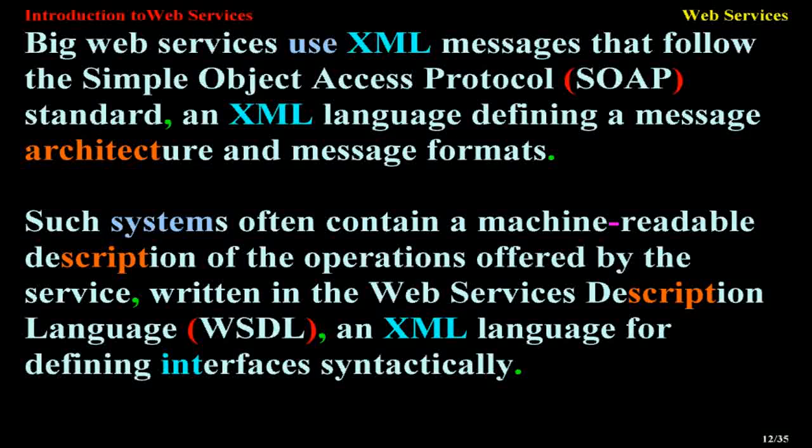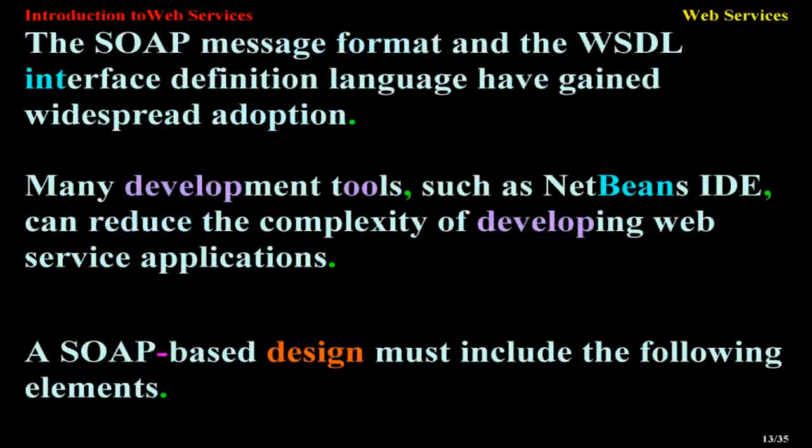Such systems often contain a machine-readable description of the operations offered by the service, written in the Web Services Description Language (WSDL), an XML language for defining interfaces syntactically. The SOAP message format and the WSDL interface definition language have gained widespread adoption. Many development tools, such as NetBeans IDE, can reduce the complexity of developing web service applications.